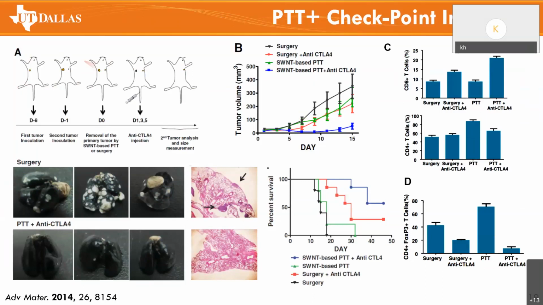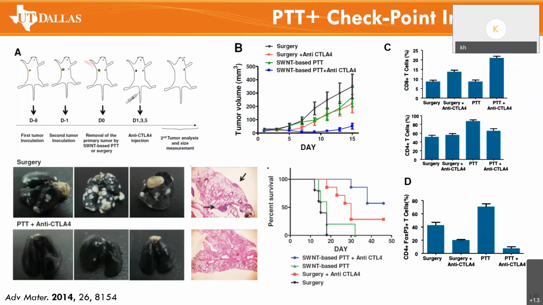And actually, these results show that although single-wall carbon nanotube-based PTT alone could only partially delay the growth of a second tumor challenge, its anti-tumor effect would be greatly increased when combined with CTLA-4 therapy. And this led to effective rejection of secondary tumor, which actually can mimic the tumor metastasis.